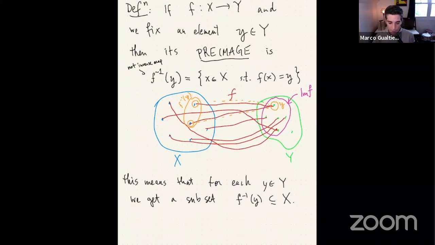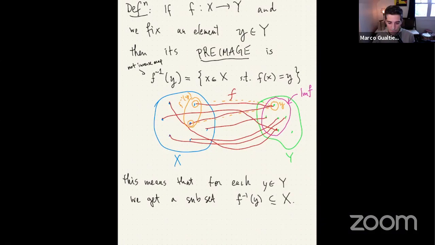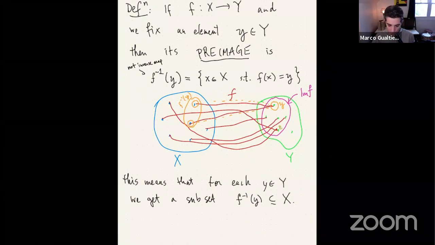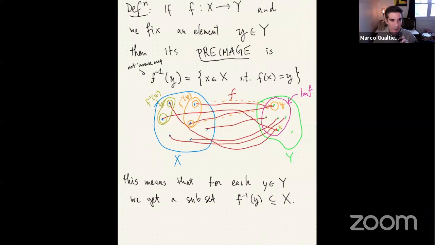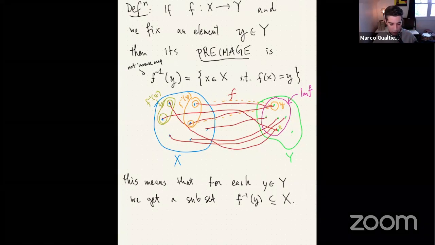Let me give another example. Suppose that we had this point Z. I trace it back and I see that I have that in the pre-image and I have that in the pre-image. So this subset would be F inverse of Z. So we get a whole bunch of subsets of X, one for each of the points in the codomain, or actually one for each of the points in the image.